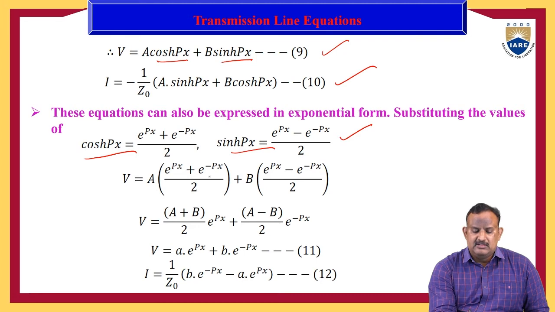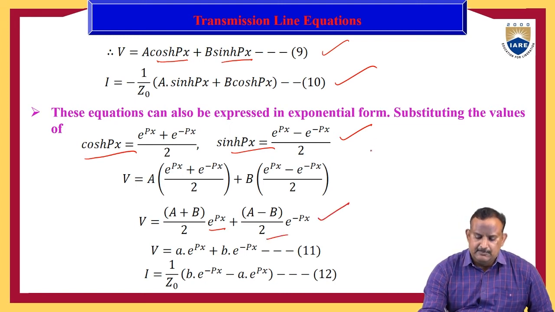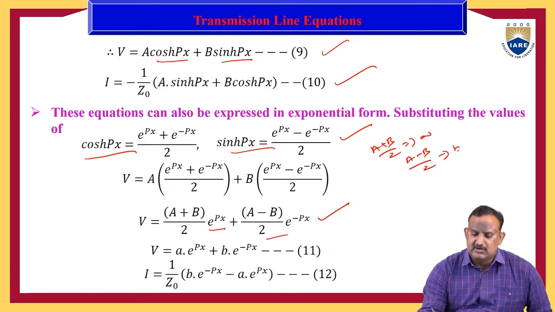If we take the common terms, then we have (A plus B) by 2 into e power px plus (A minus B) by 2 into e power minus px. In place of (A plus B) by 2, let us assume small a. In place of (A minus B) by 2, let us assume small b.